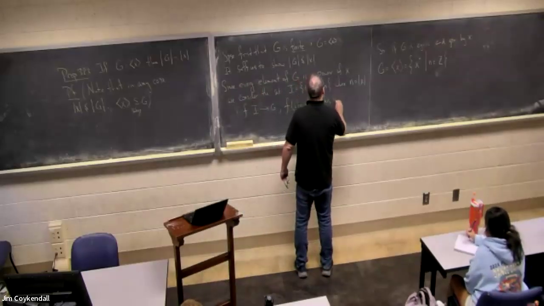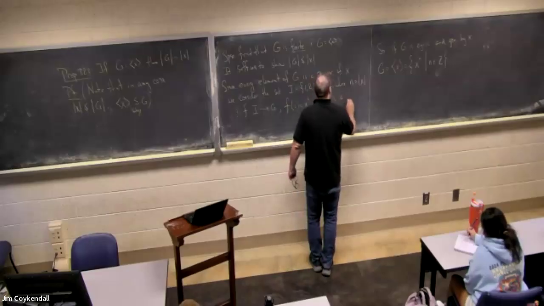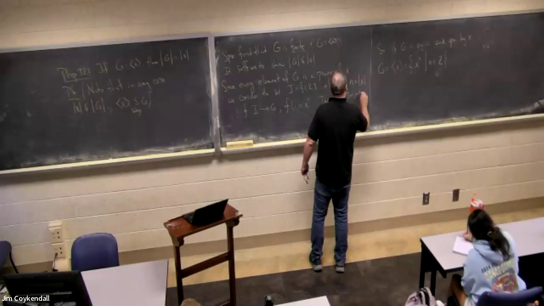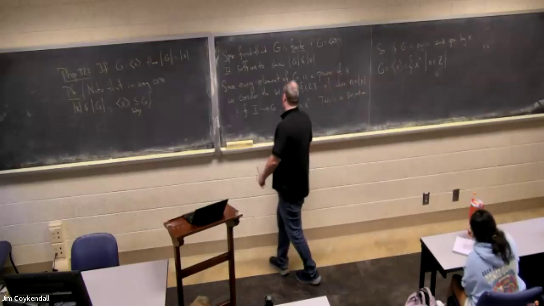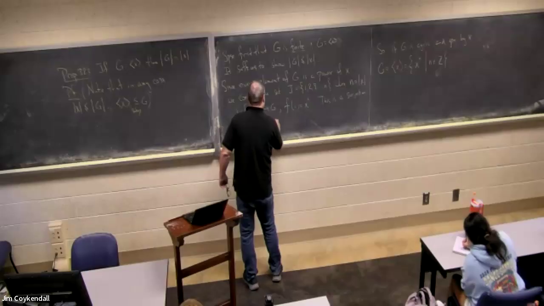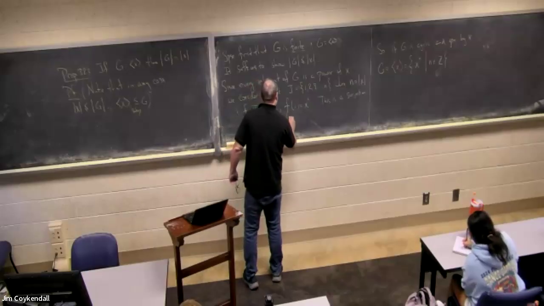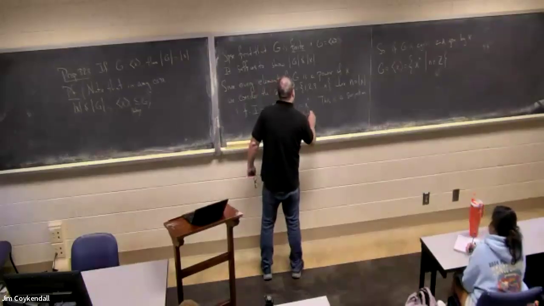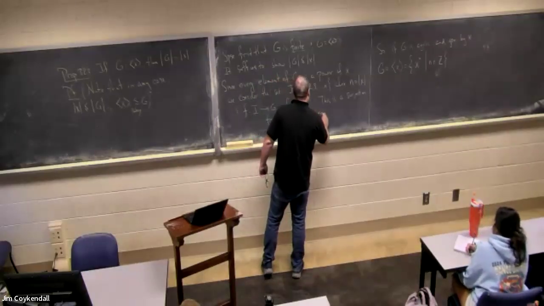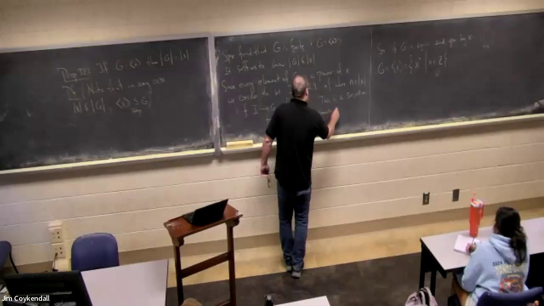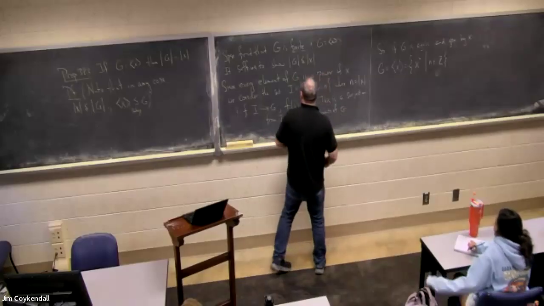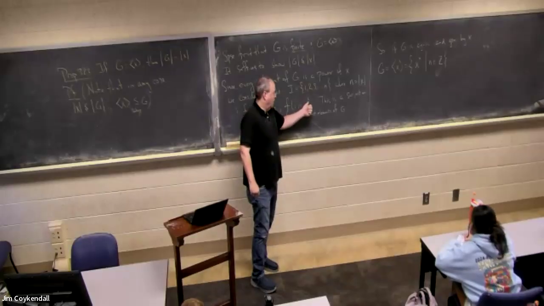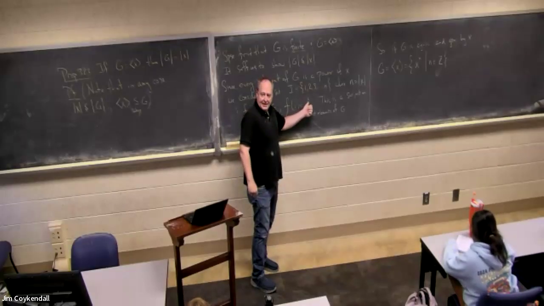This is a surjection, not necessarily onto distinct elements. Because what happens when you hit n, you go back to the identity, right?